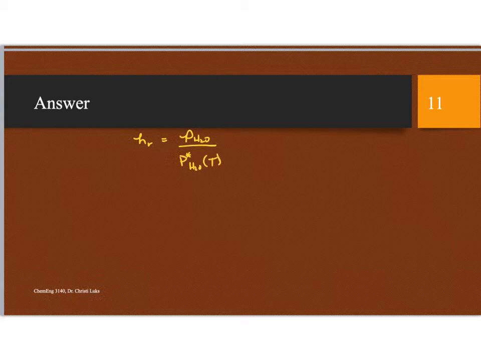Okay, so this is the partial pressure of water, which is the same as Y of water times the total pressure, divided by the vapor pressure of water at the given temperature. Now this temperature is the dry bulb temperature. So I'm going to find this using either steam tables, an Antoine equation, something like that, but I need to find vapor pressure data.